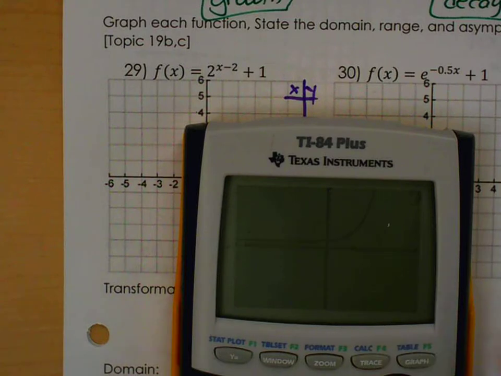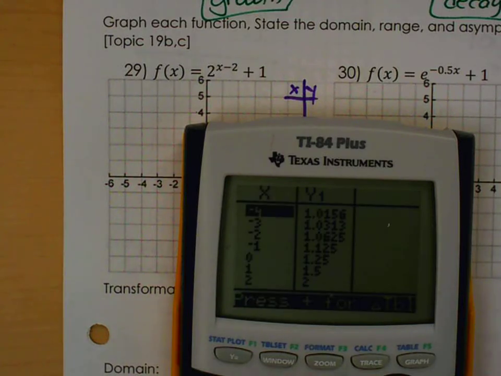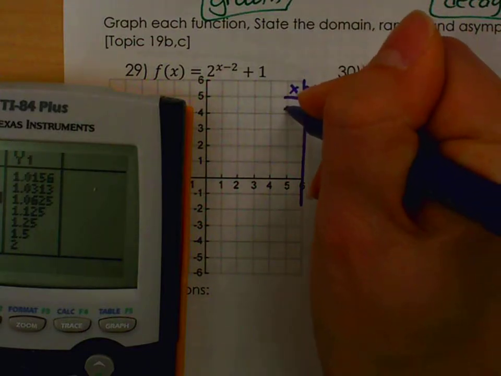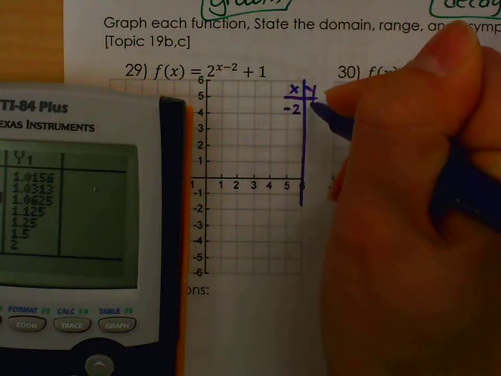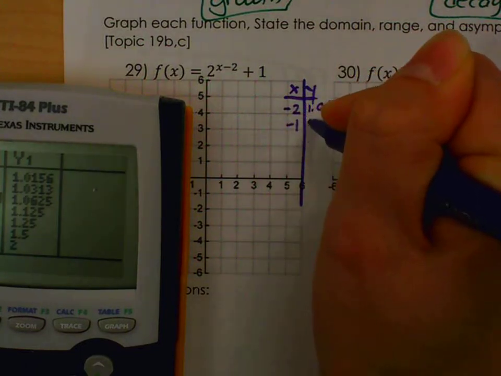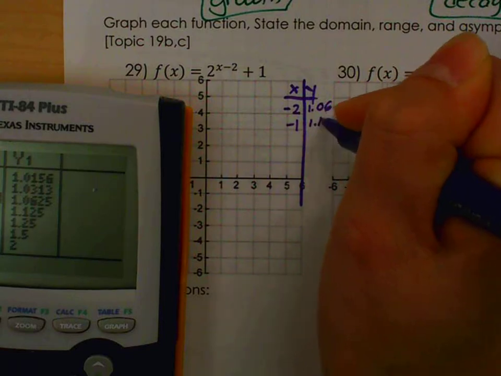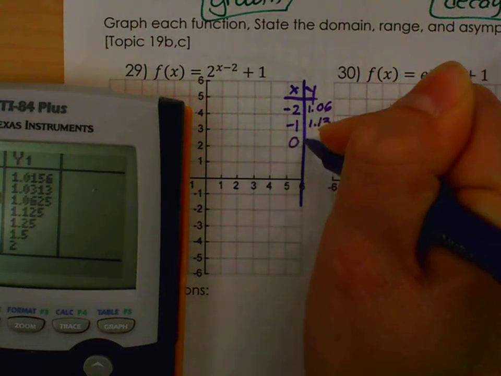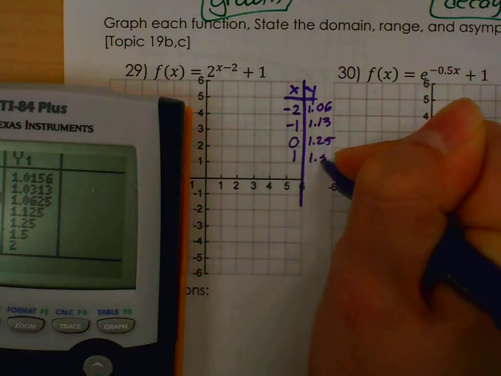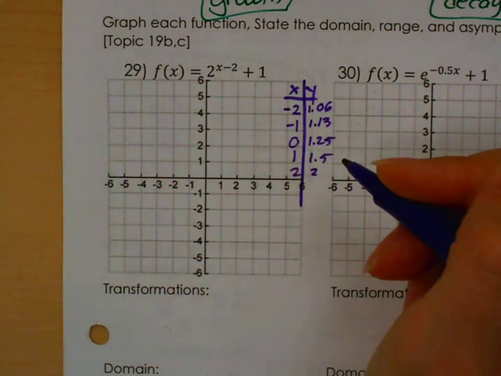Second table for my values. Negative 2 gives me 1.06. Negative 1 gives me 1.13. 0, 1.25. 1, 1.5, and 2 gives me 2.